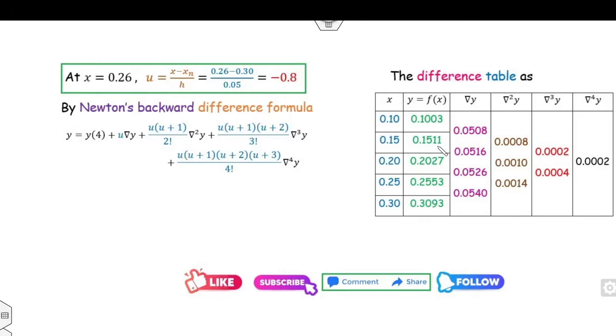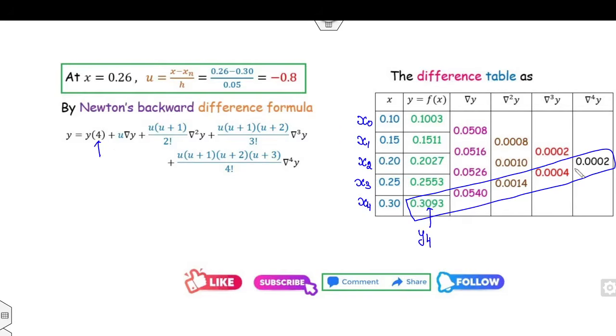Now I can use the backward difference formula. Again, I can use the last line. Fine. This number is my x0. This number is my x1. This number is x2. This is x3. This is x4. The corresponding value is my y4. So I have written this as y4.